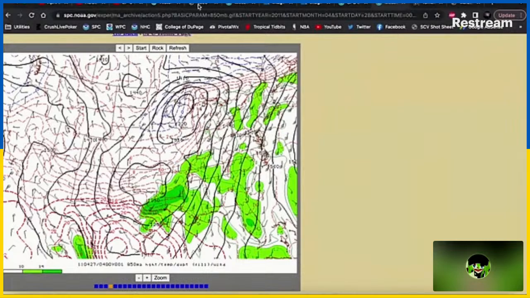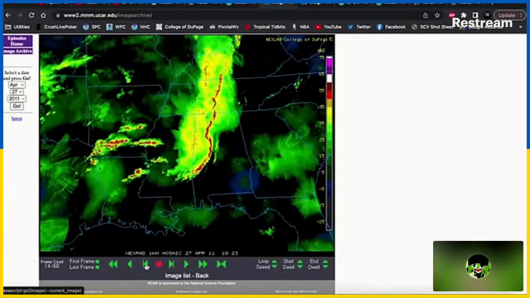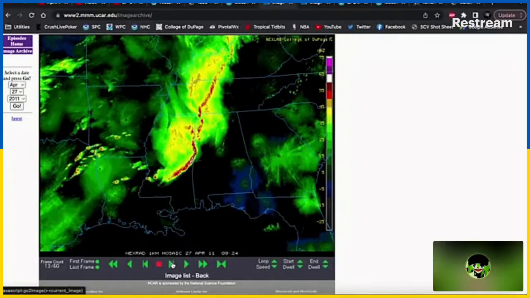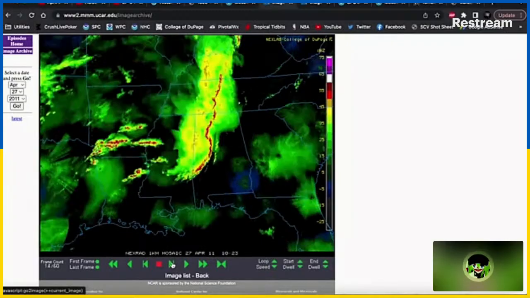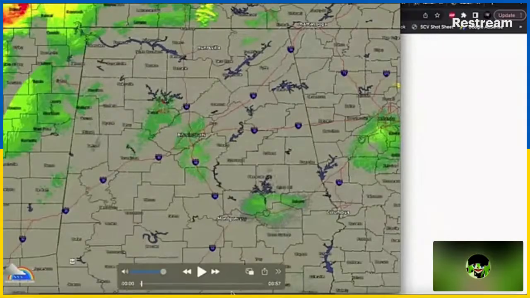And this initial QLCS was able to organize throughout the overnight and early morning hours as it moved through Mississippi and Alabama, producing several tornado reports. You can see right in here a little sort of embedded vortex there. And let's go ahead and zoom in here to the radar imagery.